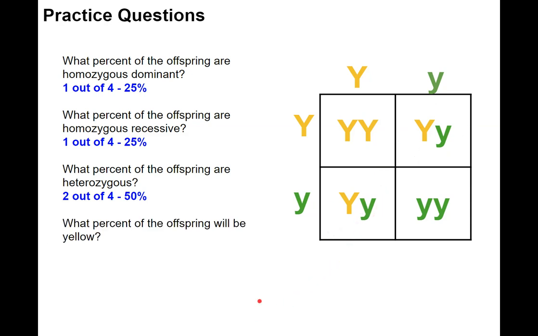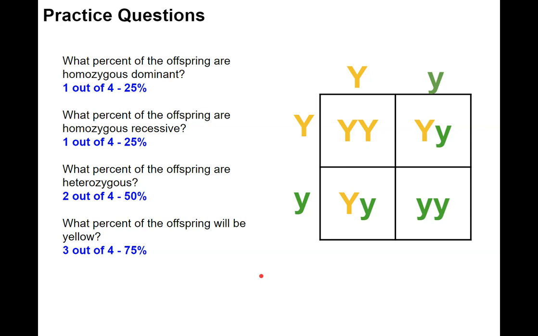Okay, now thinking about phenotype, what percent of the offspring will be yellow? Now remember, yellow is dominant. So anything that has a big Y in it, even if it's mixed with a little y, is going to be yellow. So look at the offspring here. Think about what percent are going to be yellow. 3 out of 4, because this one and this one and this one have the dominant allele, and so they will be yellow.